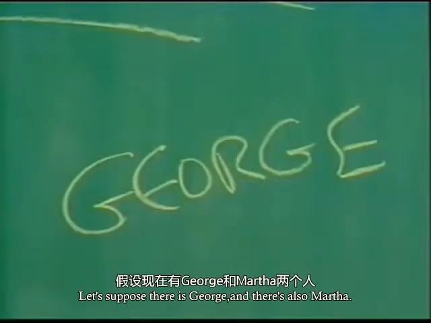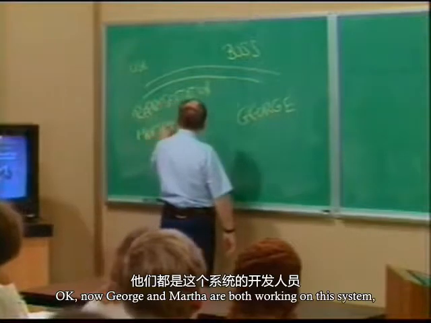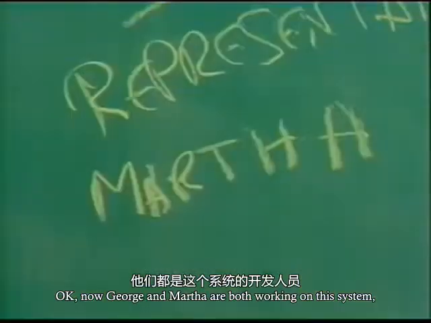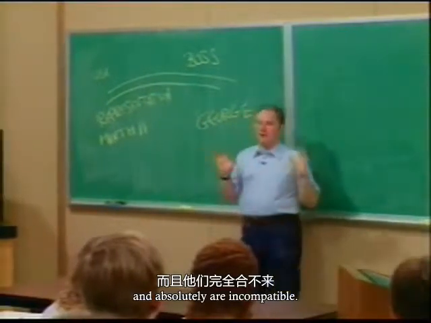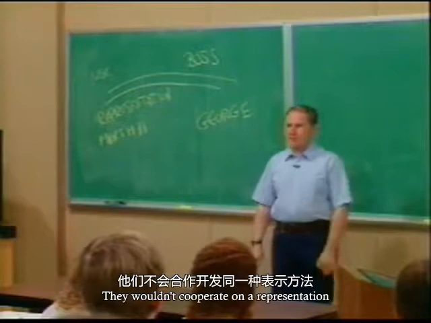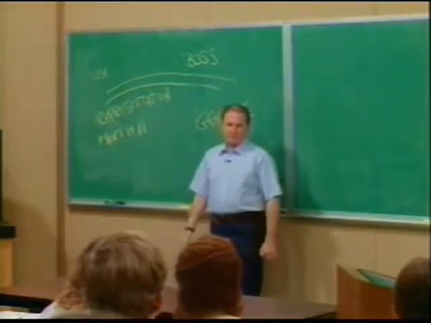Let's be concrete. Let's suppose there's George, and there's also Martha. Now George and Martha are both working on this system, both designing representations, and absolutely are incompatible. They wouldn't cooperate on a representation under any circumstances.